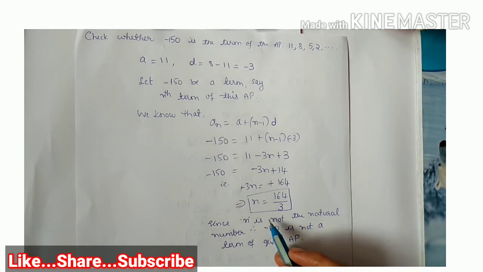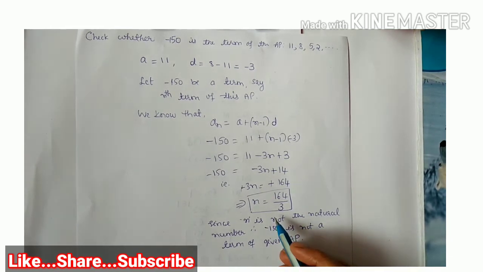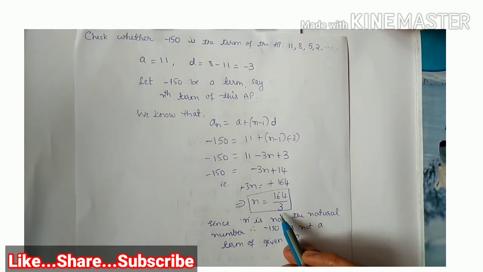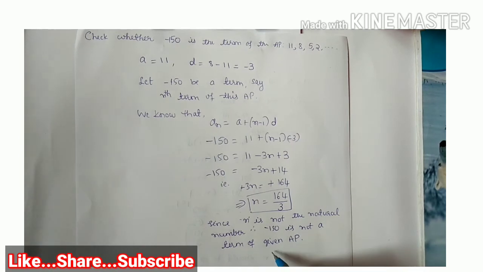But here n should be a positive integer. n must be a positive integer. Therefore -150 is not a term of the given AP.